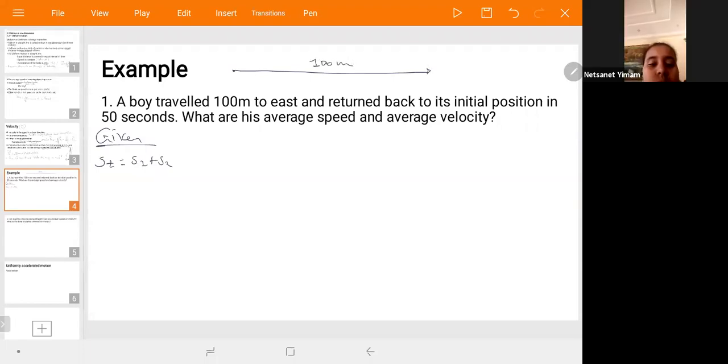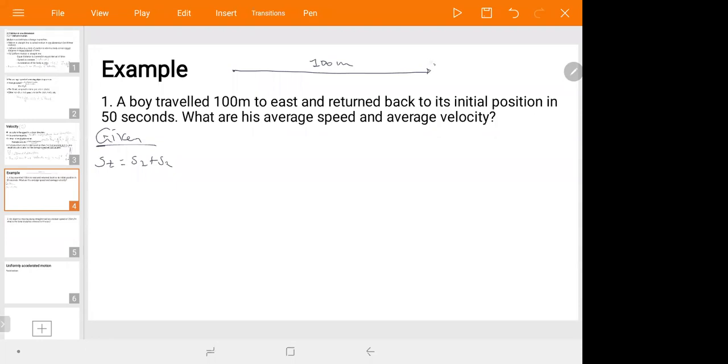From this point he returned back to his initial position. What about the distance? Twice the first distance. Therefore, 100 meters plus 100 meters.